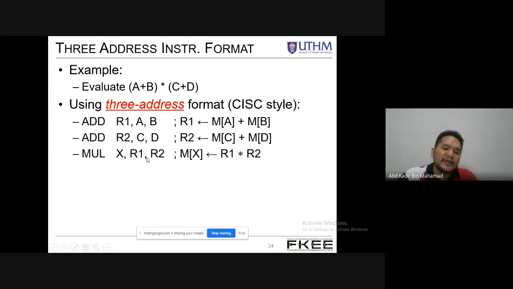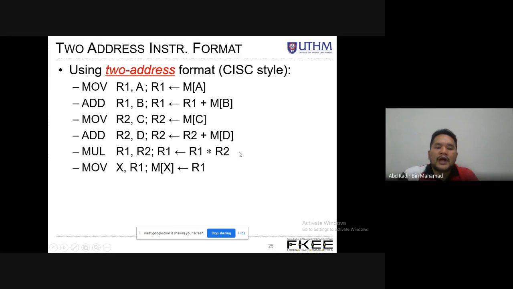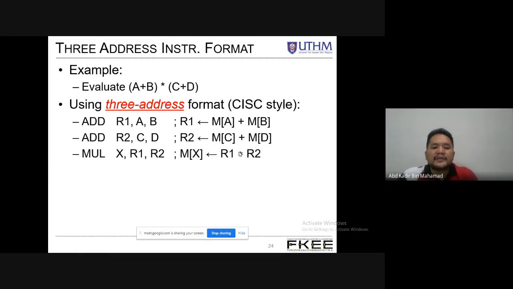Later you store at X, the multiplication resultant.